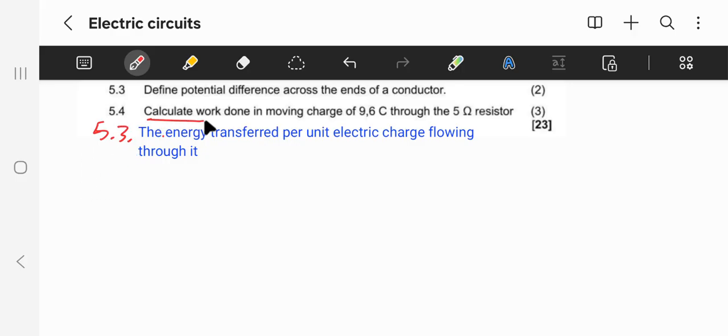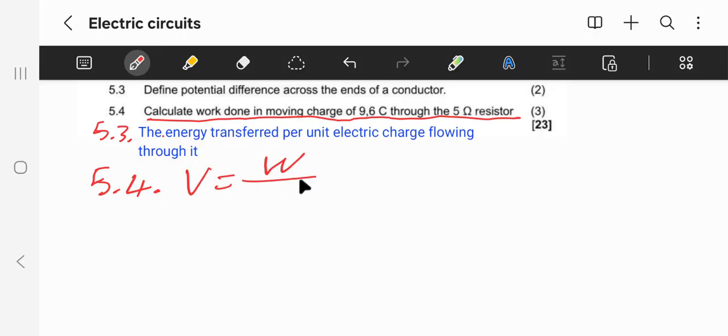5.4 says we have to calculate the work done in moving a charge of 9,6 coulombs through the 5 ohm resistor. The first thing that we need to understand about 5.4 is the type of formula we will use, and that formula is V is equal to W over Q. And then this formula we can manipulate from here, guys.